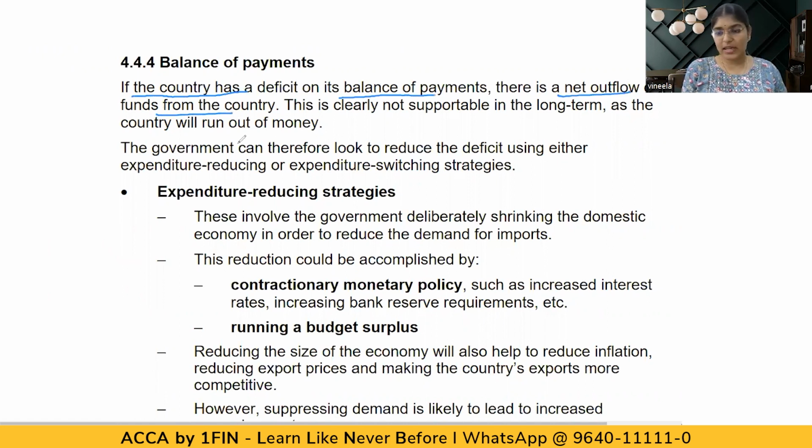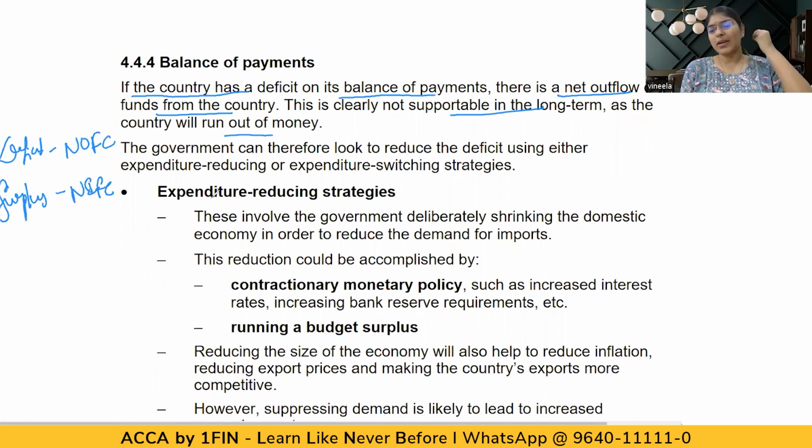This is what we have seen earlier. When there is a deficit, there will be a net outflow of cash. When there is a surplus, there will be a net inflow of cash. This is clearly not supportable in the long term, as a country will run out of money, our reserves will go, our assets will be converted into cash, and we'll be giving that cash out of the country. Everything will be ruined in the country because of the deficit state.